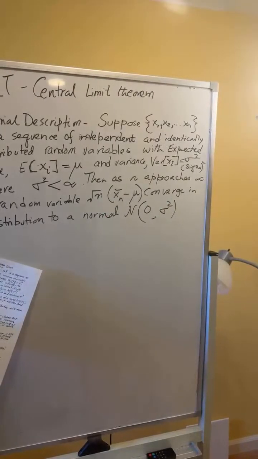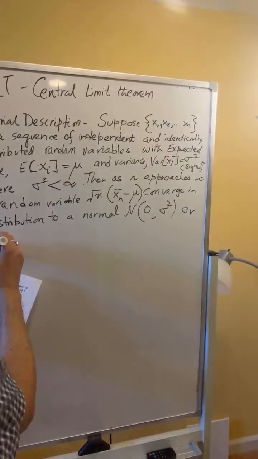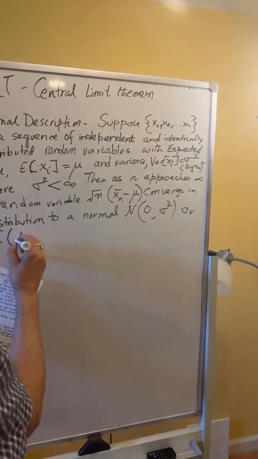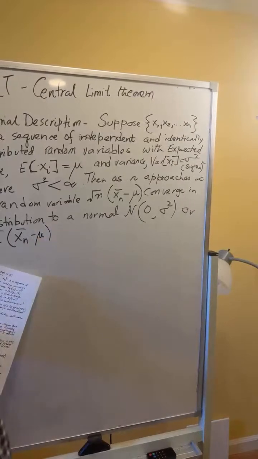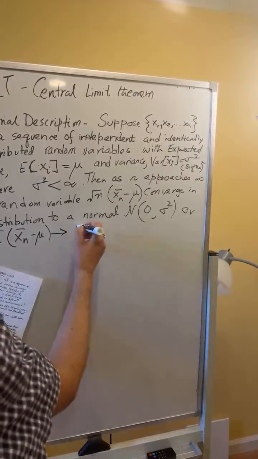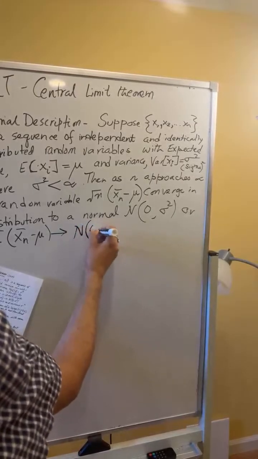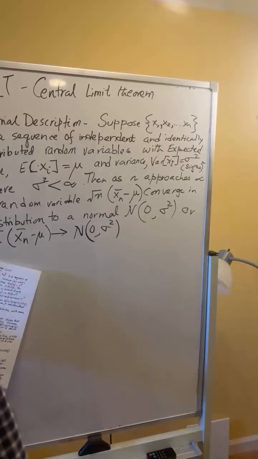Or, square root of n times sample mean minus the population mean approaches a normal distribution. N means normal, mean is 0, sigma square is the variance.